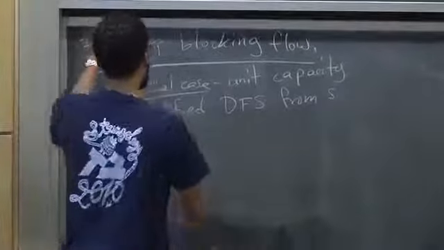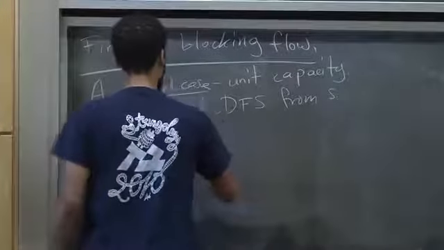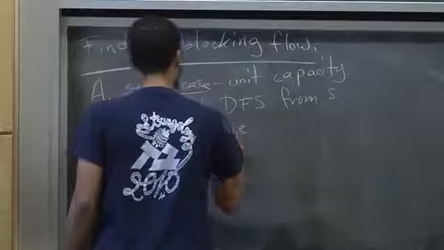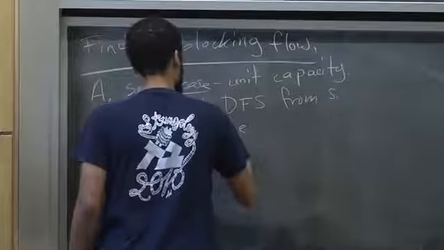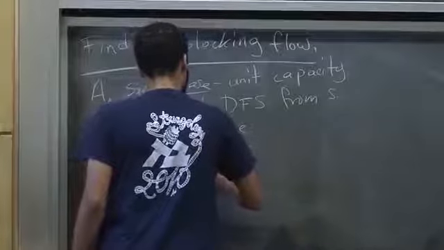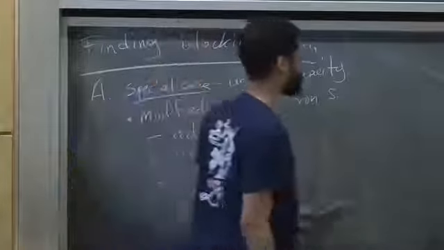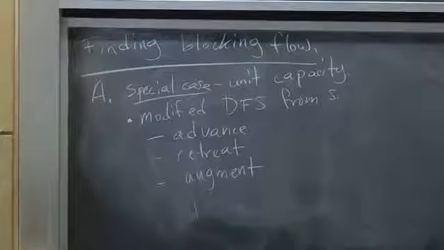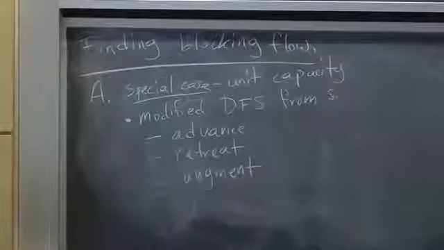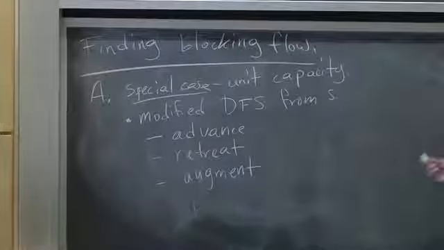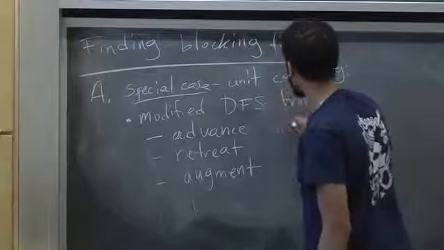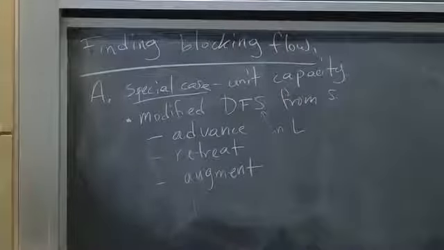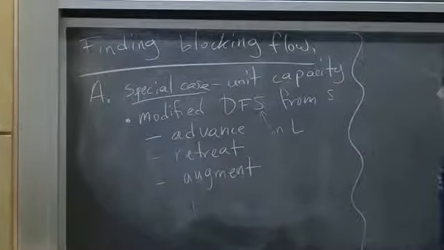I'm going to have three types of operations, which I'm going to call advance, retreat, and augment. This is going to be on the level graph. Remember, I'm trying to find a blocking flow that uses admissible edges. So this procedure, I'm going to run it on the level graph.